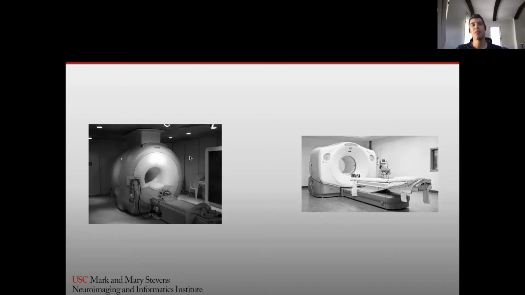The scanners themselves, for me, are amazing pieces of engineering. They're really complicated machines, and their purpose is to take images of our brain. Together they provide information about the different parts of the brain, and using that information, they can help us understand neuropathology in the brain, and specifically here, how it relates to Alzheimer's and dementia.